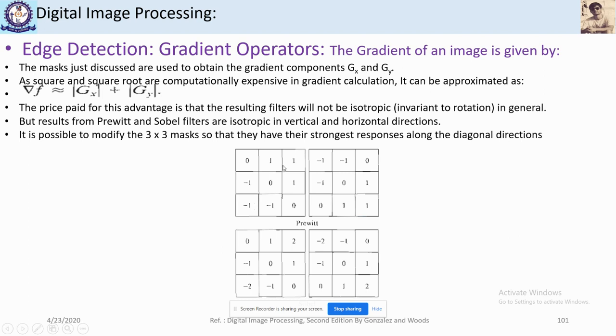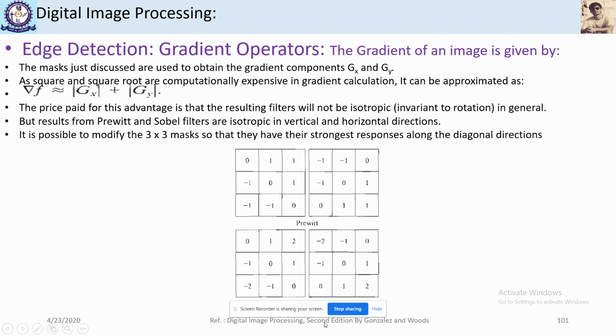So this mask will give strong response for the edges which come in this direction, and this is another variation which will give a strong response for the edges which come in this direction. If we approach in this direction from minus to plus, then whichever edges come will give strong response for this filter.